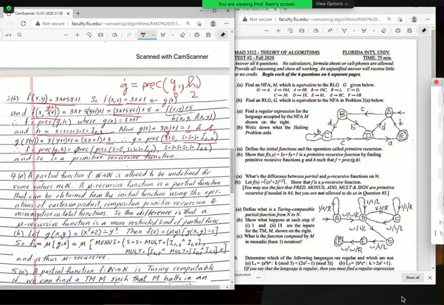The H is G of successor Y, which is 3y plus 1 plus 3, which is G of Y plus 3. Remember, this one was H of xy and F of xy. The H1 will be H1 of y comma G of y, because it's a function of two variables.